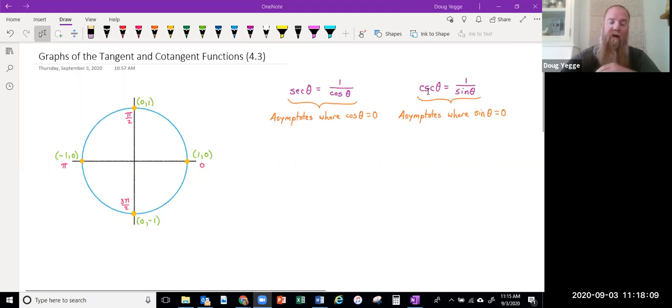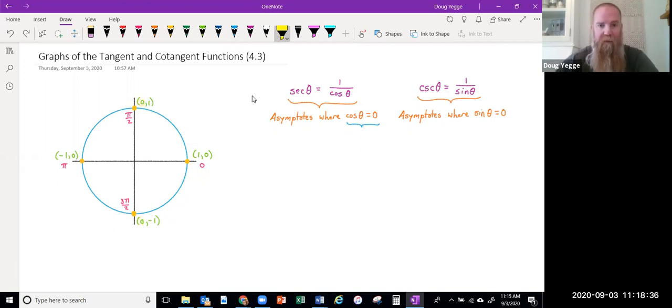If we take a look at our values here, we can see that secant has asymptotes at the locations where cosine is equal to 0. So let's think about where cosine is equal to 0 on our rotation. Keep in mind cosine is our x-coordinate. So the x-coordinate is 0 at π/2 and at 3π/2. And there are other locations as well.